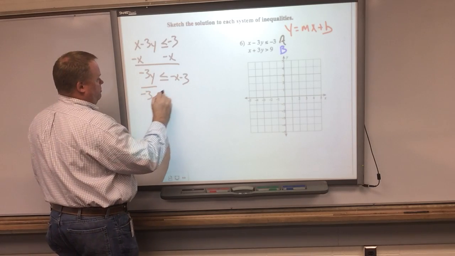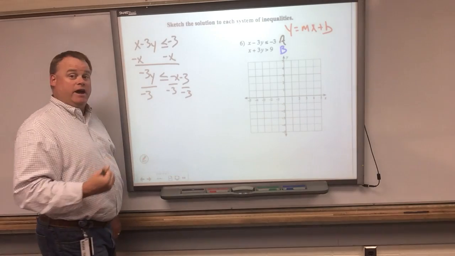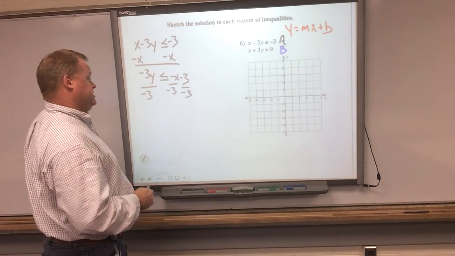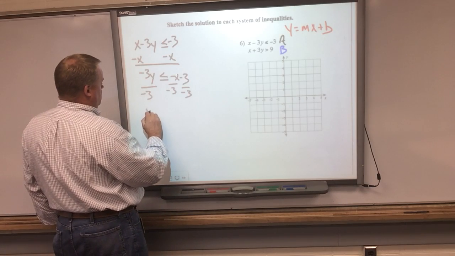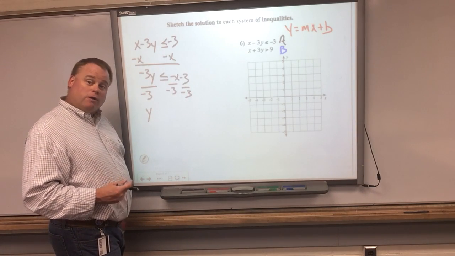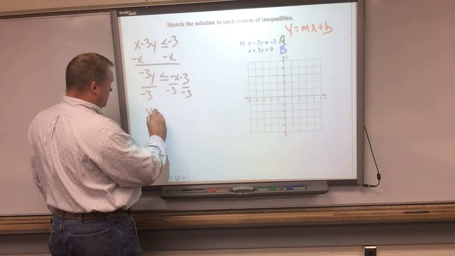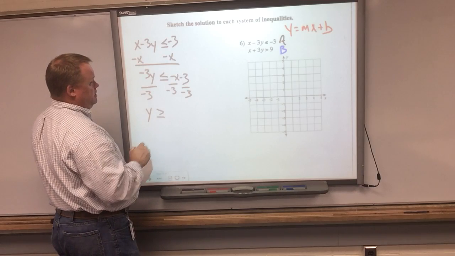Divide by negative 3, every item gets divided by negative 3 in this case. Since I divided by negative 3, what do I have to do with the inequality sign? You're right, I have to flip it. So it goes from less than or equal to, to greater than or equal to.